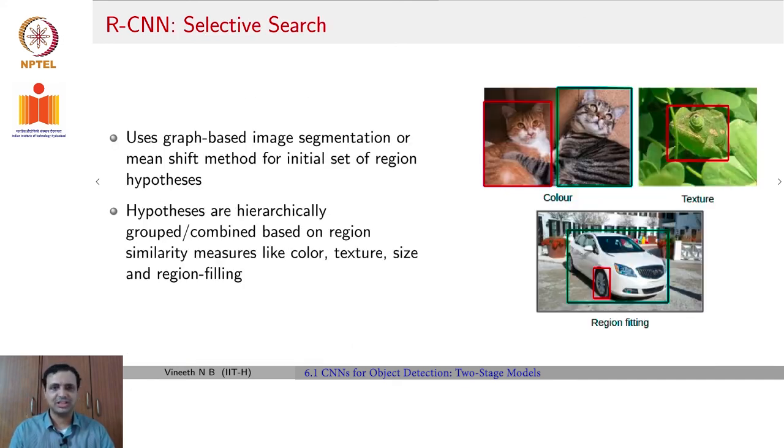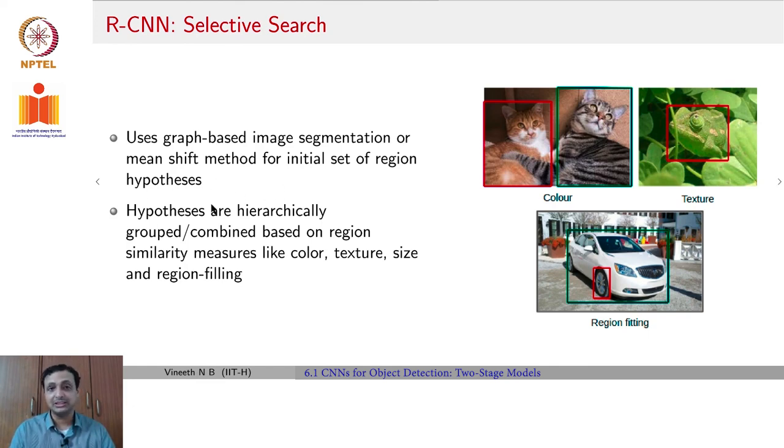How do you do that first stage, selective search? The selective search module uses a graph-based image segmentation or a mean shift-based image segmentation to get an initial set of region hypotheses.